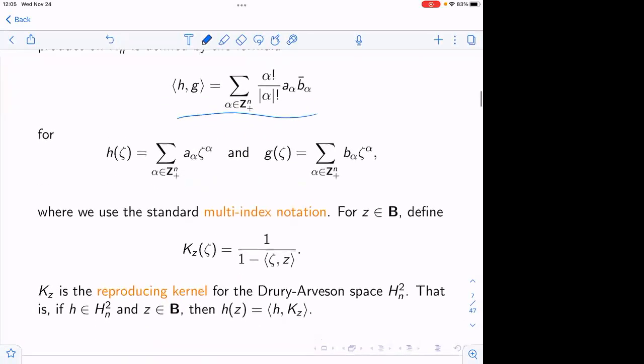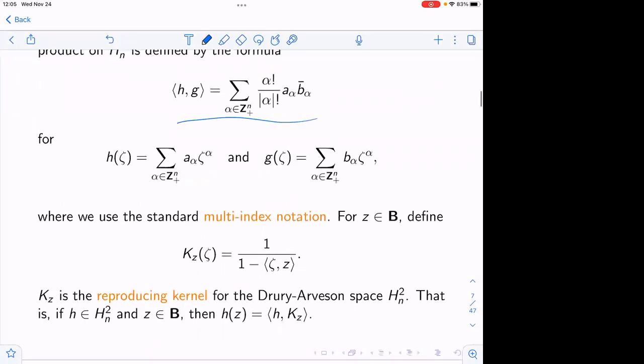Now, it's easy to see that you have this as the reproducing kernel for the functions in the space, in the sense that if you have a function h which belongs to the space, its value at the point z is simply the inner product of h with this kernel k_z.